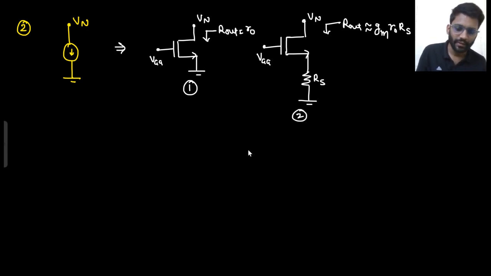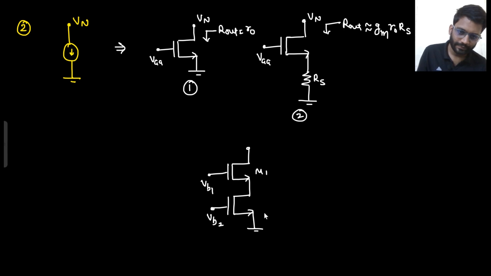In the third one, we made the RS using MOS only. So what will be the impedance from here?